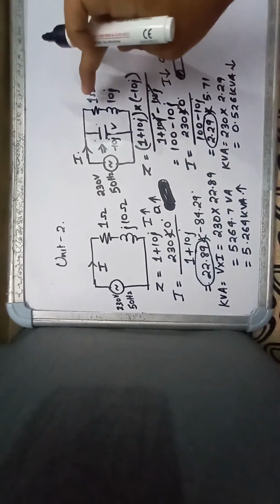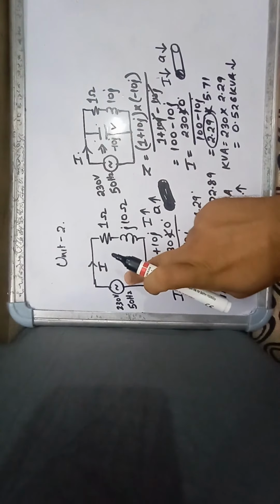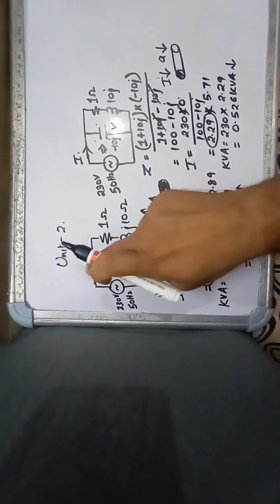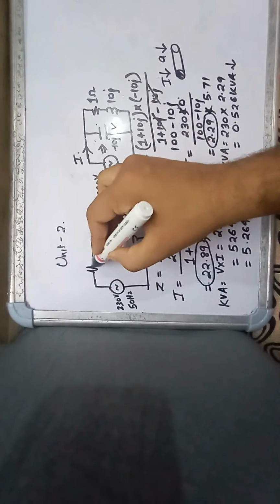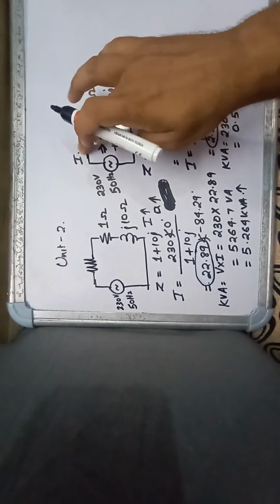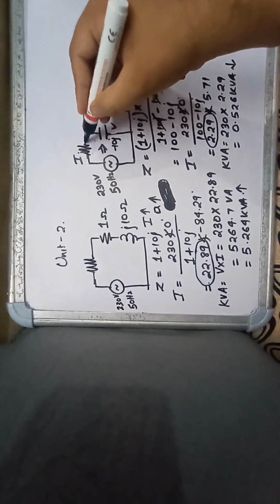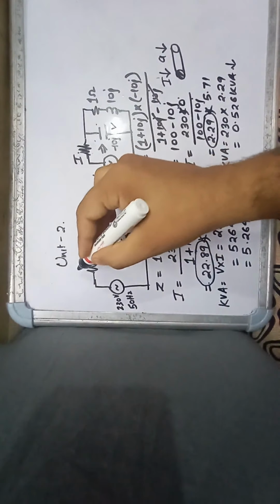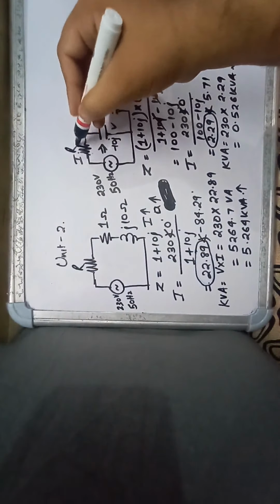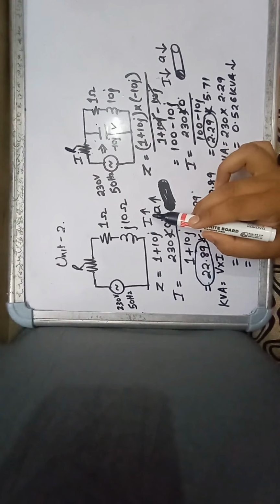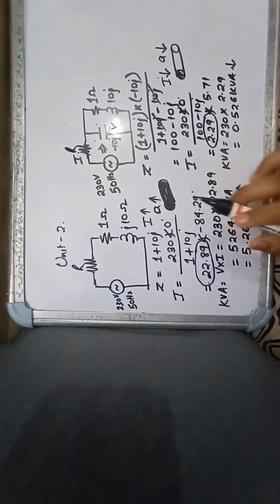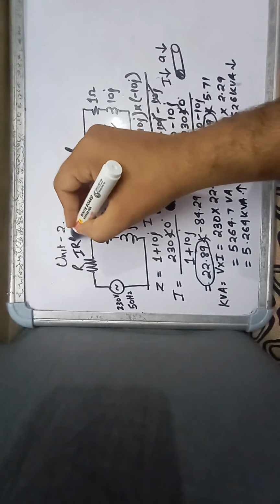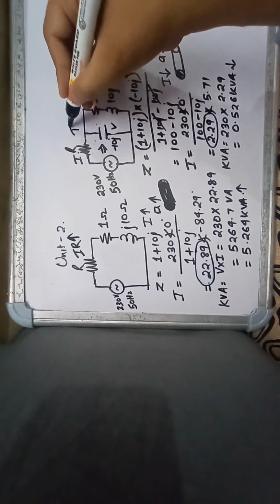Secondly, here we have directly considered our supply and our load. We haven't considered any middle path resistance. If you consider the middle path resistance, that is your transmission line resistance, as the current is more here, the I into R drop will be more, and here as the current is low, the drop will be less.